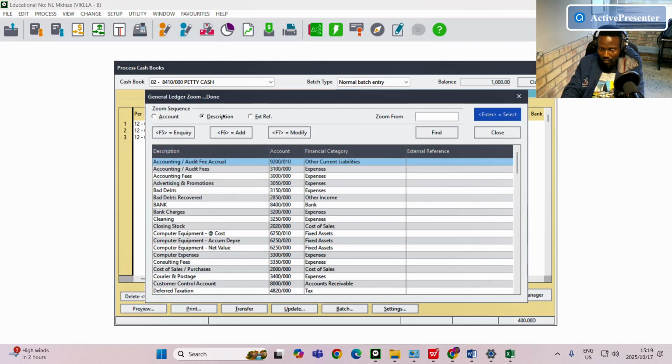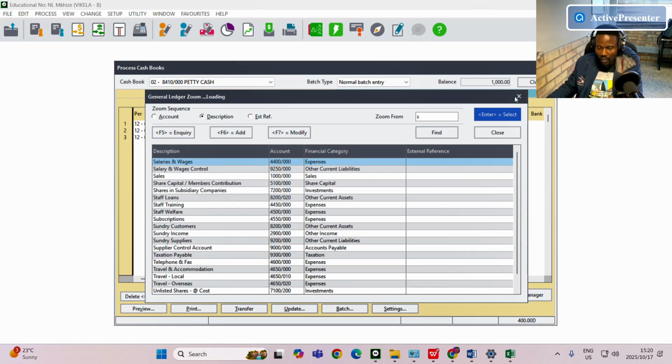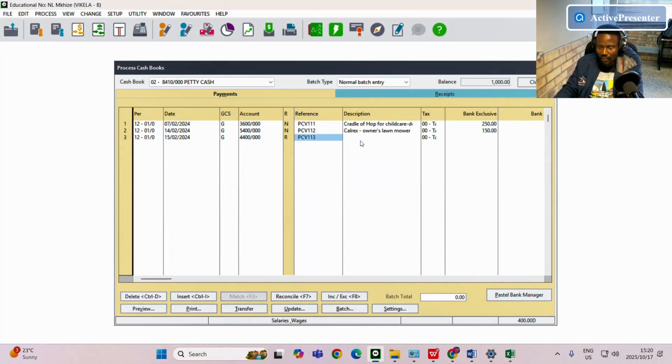So basically, Octavia is a person. Let me just check. Yeah, it looks like Octavia is a person for cleaning offices. So obviously that's a wage. I'm going to put it under salaries and wages.